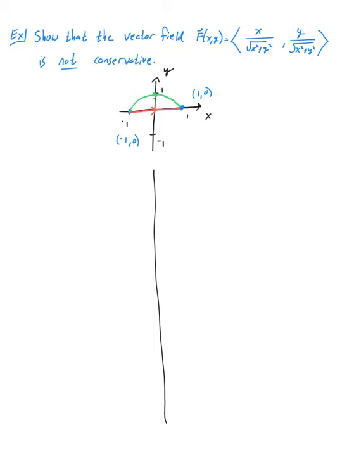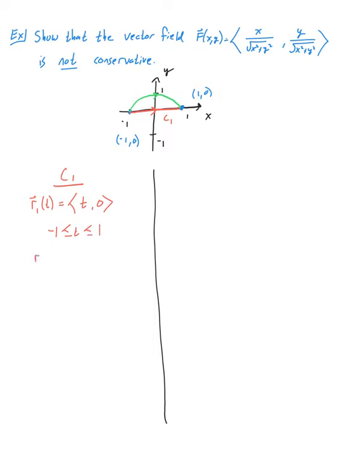We're going to call this curve C1. And we'll parameterize it as r sub 1 of t is equal to t comma 0, where t ranges between negative 1 and 1.